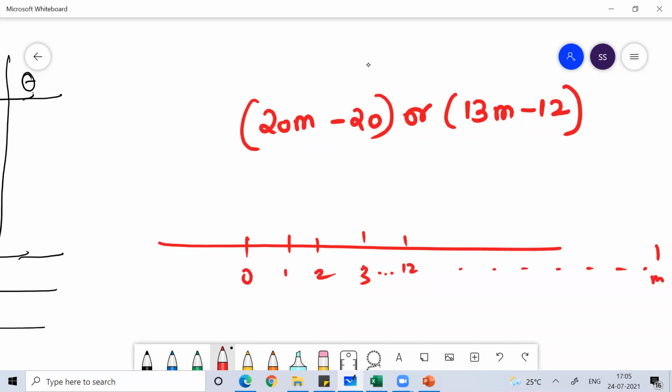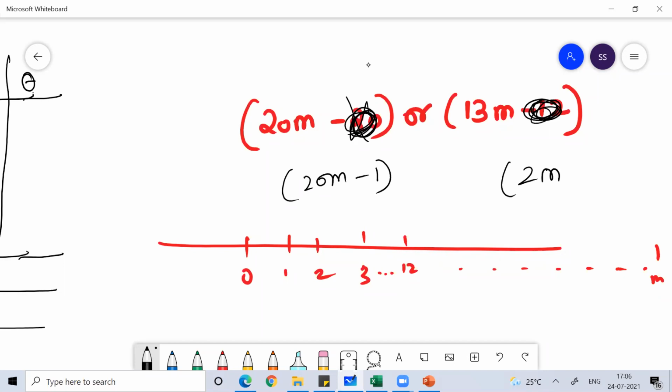So to determine which is bigger, you don't have to look at the constant term because it doesn't matter. Between 20M and 13M, which is the bigger value?